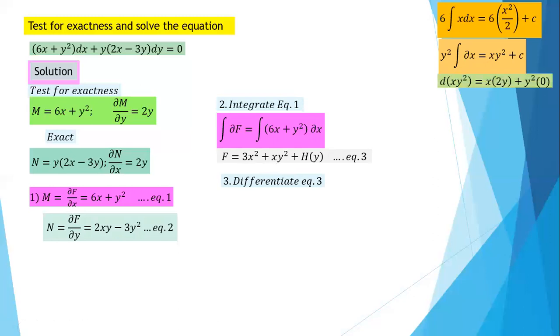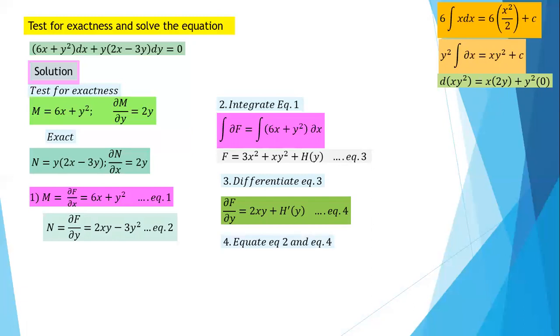The derivative is x times 2y plus y² times 0, or simply the derivative of xy² is 2xy. The result is the partial derivative of f with respect to y equals 2xy + h'(y), and we denote this as equation 4.